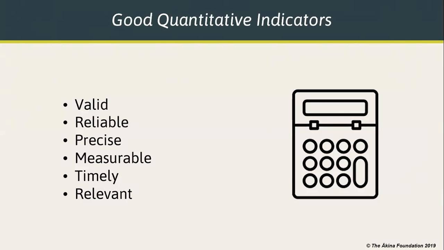Some of the little tests we run over our indicators to see if they're good ones are whether it's valid: is it an accurate measure of a behavior, a practice, a task that is the expected output or outcome of the intervention? Is it reliable? Can you consistently measure that over time in the same way by different observers? Is it precise? Does it have clearly defined terms? Is it measurable? Is it something that's actually quantifiable using the available tools and measures?